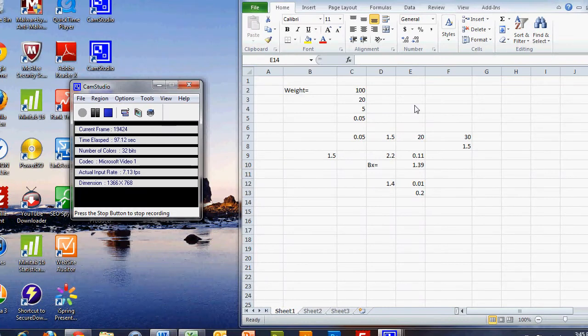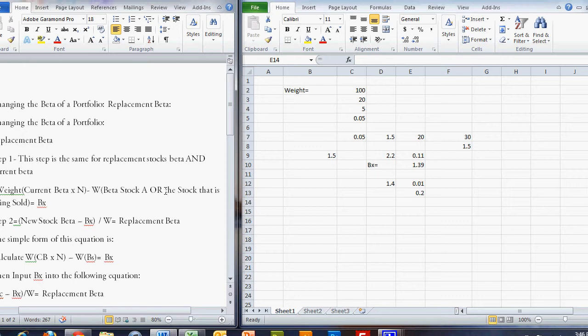So, changing the beta of a portfolio, replacement beta. Step 1, you take your weight, which is your W, and you multiply that by current beta times N minus your weight times the beta of stock A, or the stock that is being sold, equals BX. Now BX is just an intermediary.